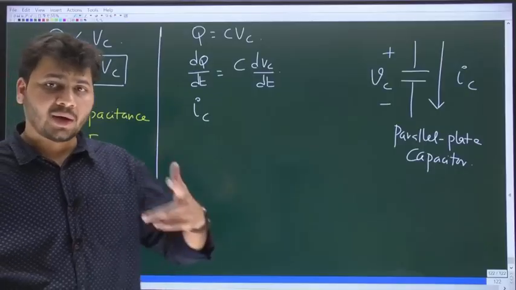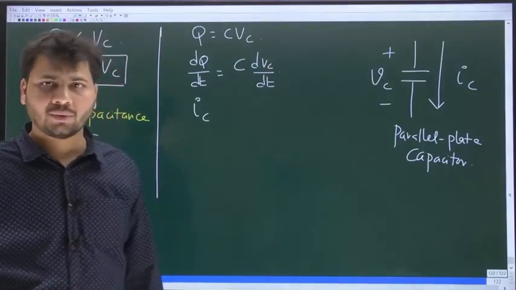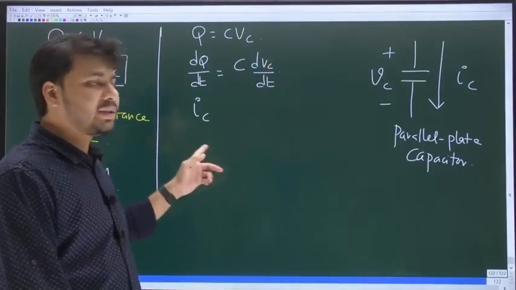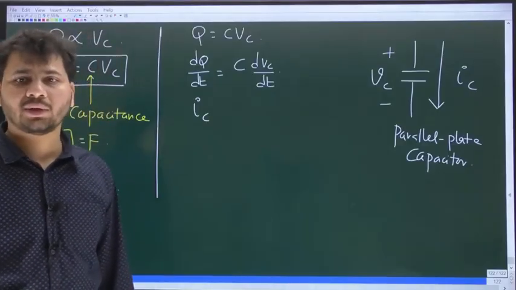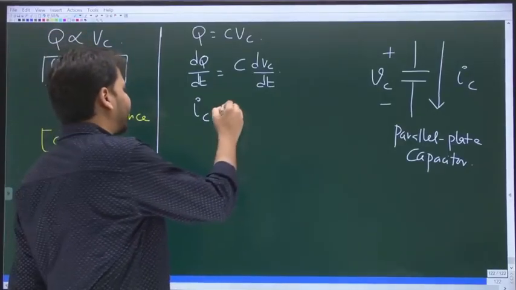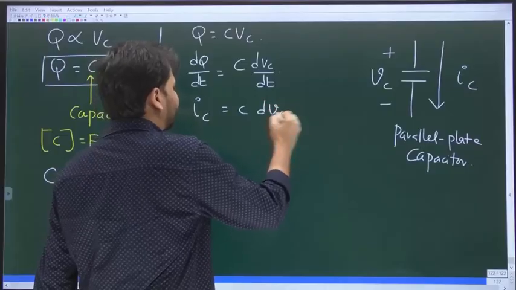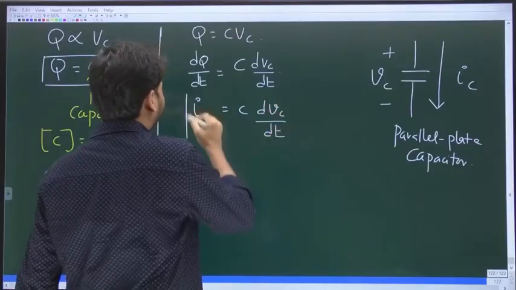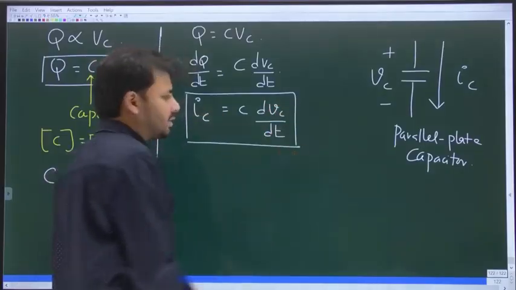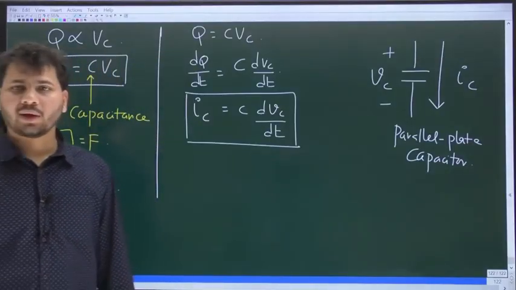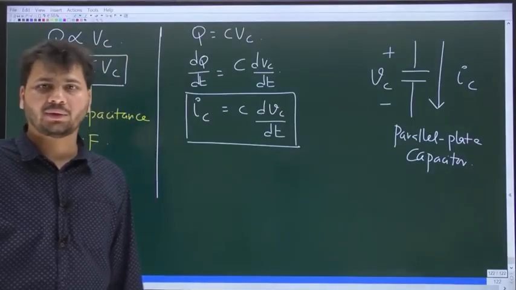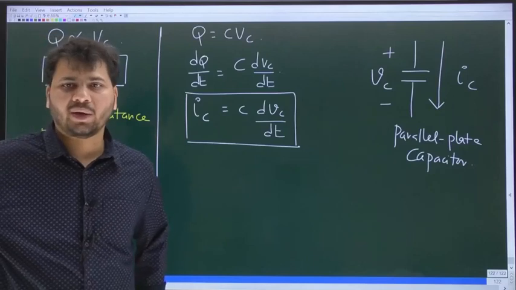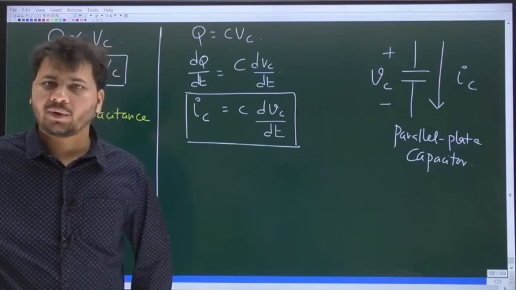Then Ic will be given by C times dVc by dt. This is the relationship between the current and the voltage for any capacitor.